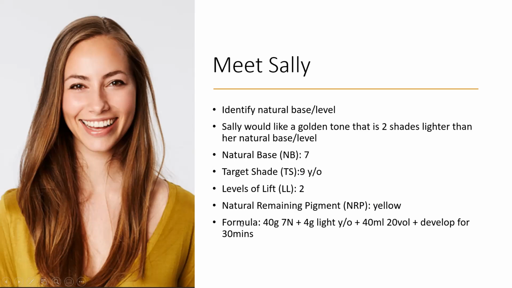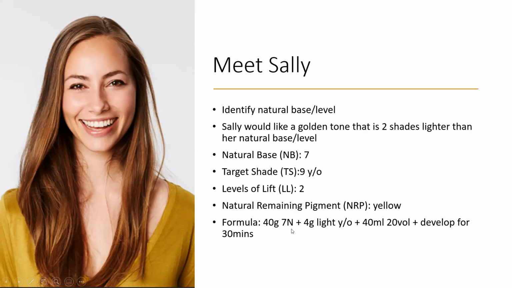And then our formula for that is going to be 40 grams of 7N. By the way, when it comes to formulas, you're always going to be basing this on 40 grams of your color. So your base is going to be 7N here. No, sorry, I got that wrong. Where are we? So 40 grams of 7N.